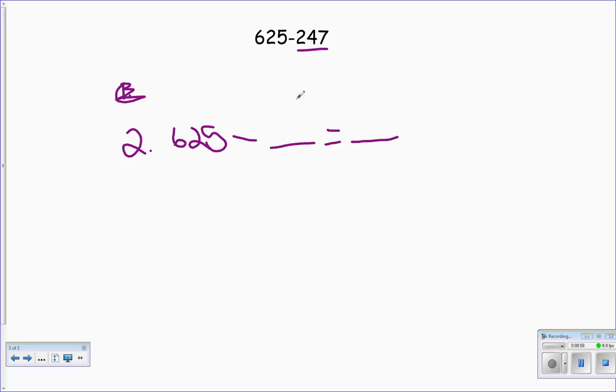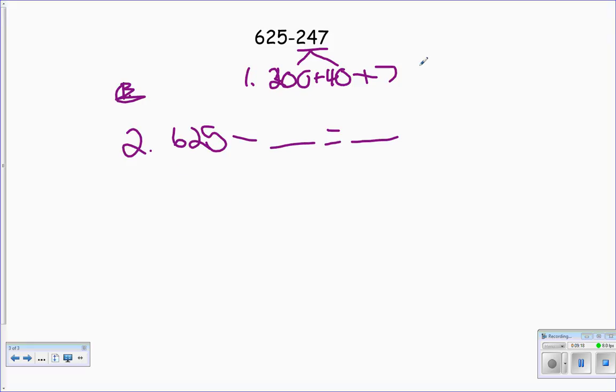Okay, that's where you should see that. This is where you're going to get to choose what you subtract first. You should have already decomposed 247 into 200 plus 40 plus 7.